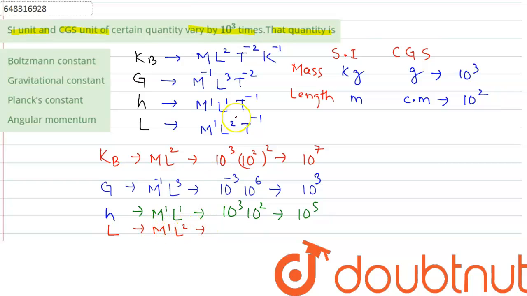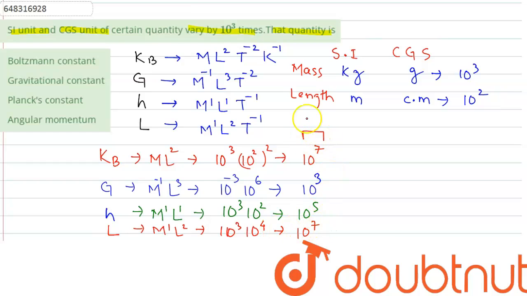We are neglecting the time. Here we will get 10 to the power 3, then 10 to the power 4, because 10 to the power 2 is raised to power 2. So this will give 10 to the power 7.